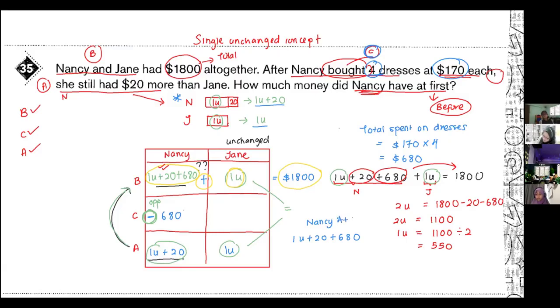Nancy at first equals, I know what my 1 unit is already, 550, right? So 550 plus 20 plus 680, and I will get 1250. Answer. Okay, so this is single unchanged concept together with working backwards concept. All right.